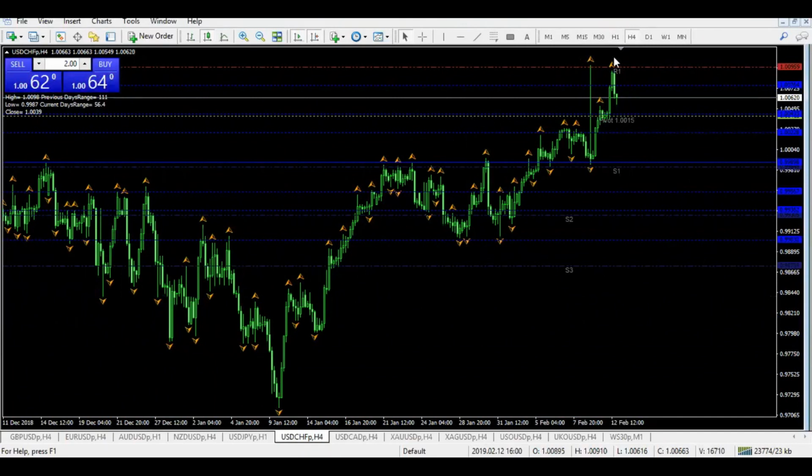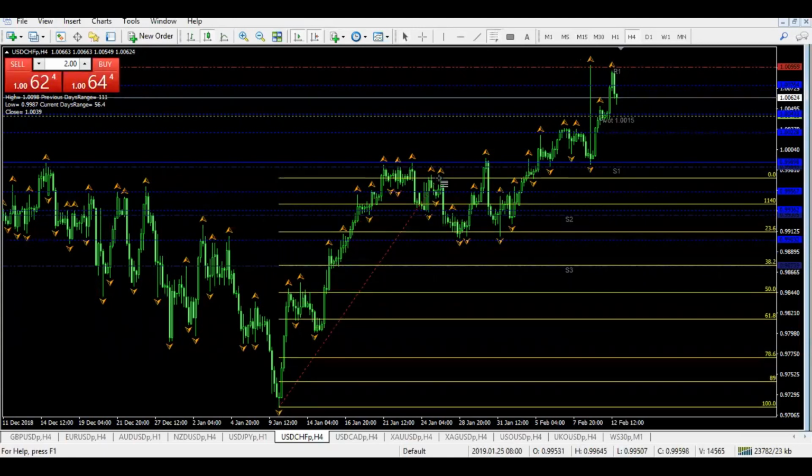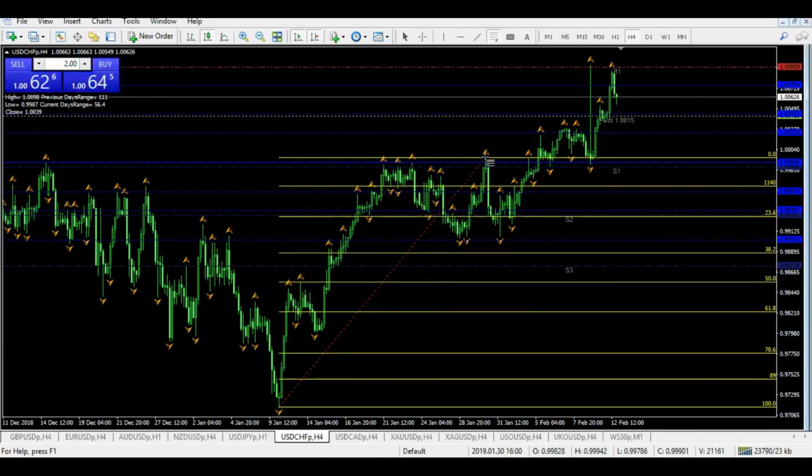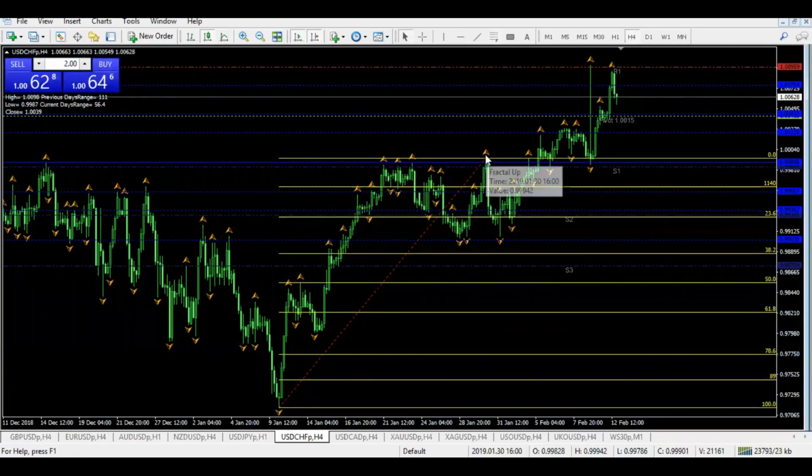Draw the Fibonacci for me. You've drawn it wrong again. The zero has been broken here. The zero has been broken. We should go on a higher time frame.